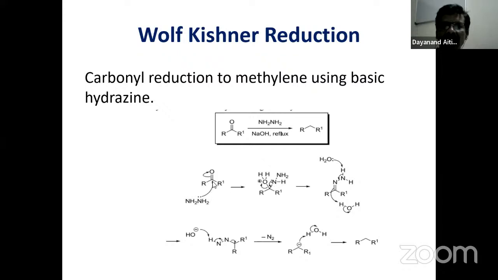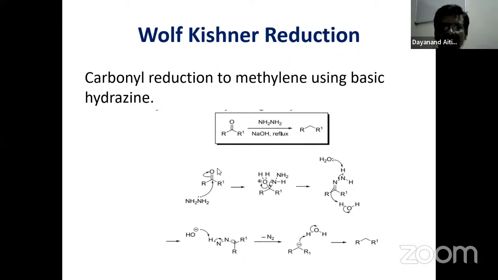It bonds to the carbonyl carbon, and finally the pi bond is shifted. When it is shifted, hydrogen attacks here. Because we are taking a solution with water, these hydrogens are also added.